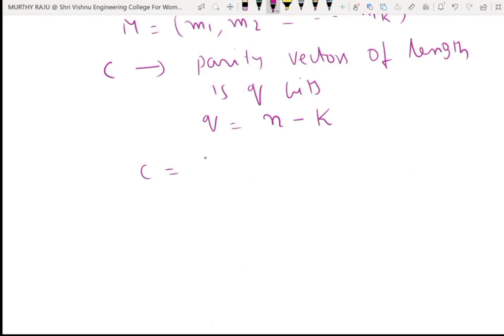Therefore, C is represented by C1, C2 up to Cq.